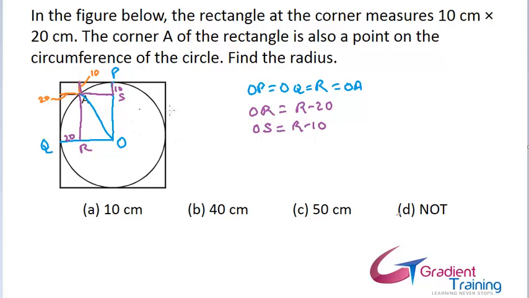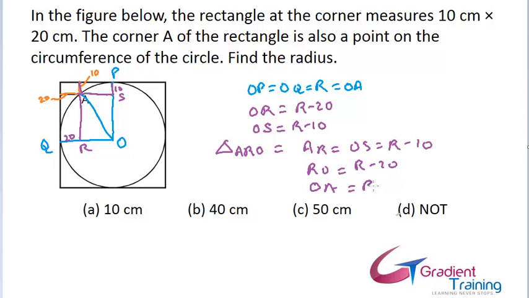And now we can put all these values in the Pythagoras equation. But for which triangle? You can take any triangle. Let's take triangle ARO. In triangle ARO, we have AR equal to OS, which is R minus 10. We have RO, which we have already got as R minus 20, and we have OA equal to R. So putting all these values in the Pythagoras theorem, we'll get our answer.